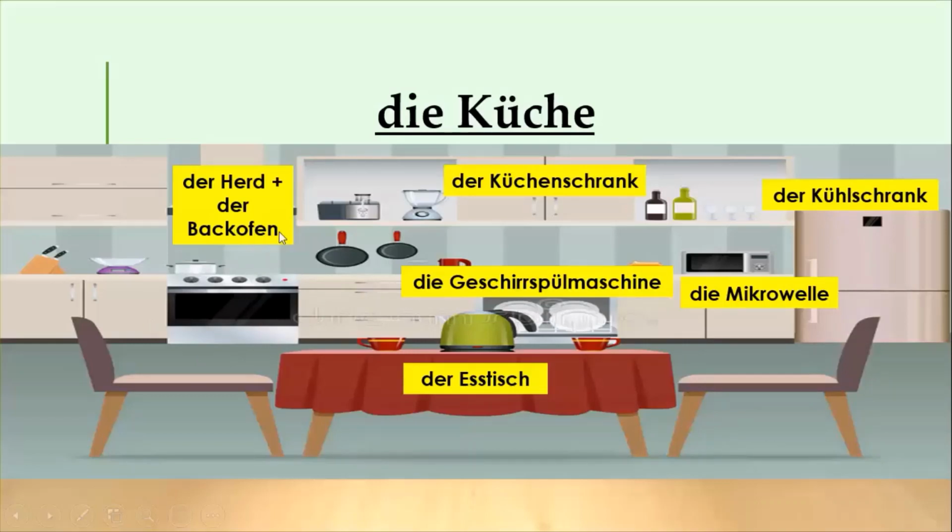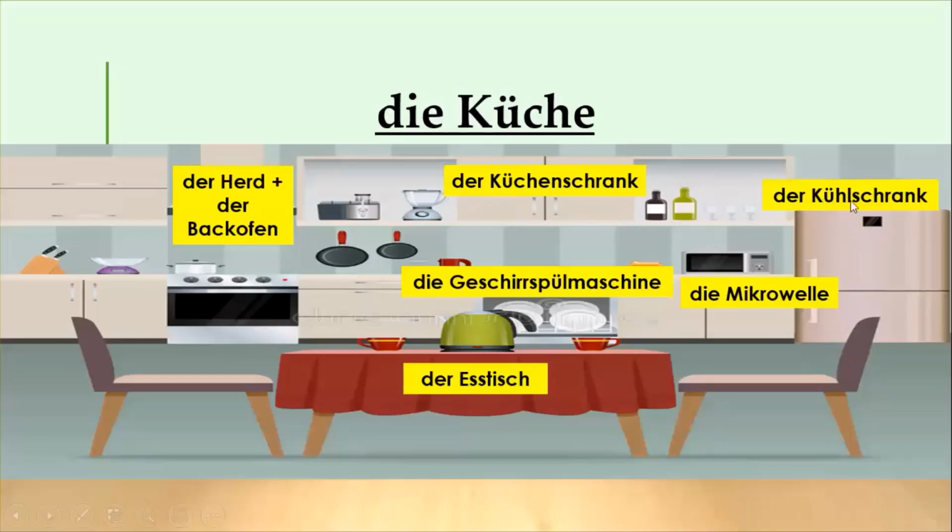So der Ofen and the verb backen has been used but cut short to back. Der Schrank, but because it is in the kitchen, the cabinet or the kitchen cupboard will be der Küchenschrank.